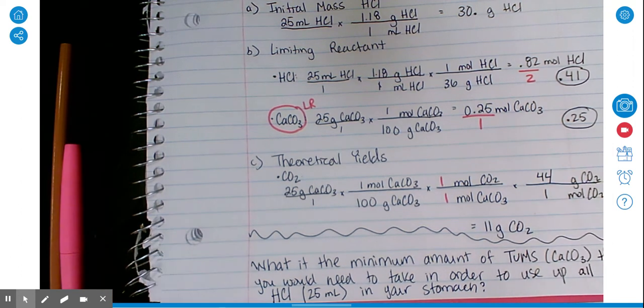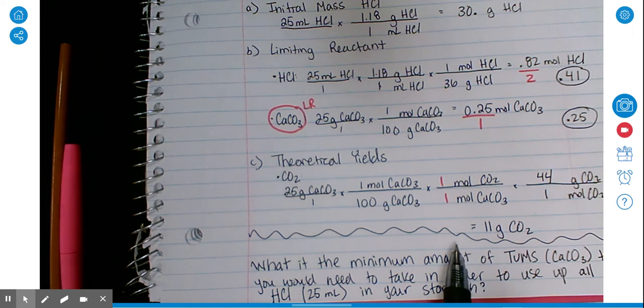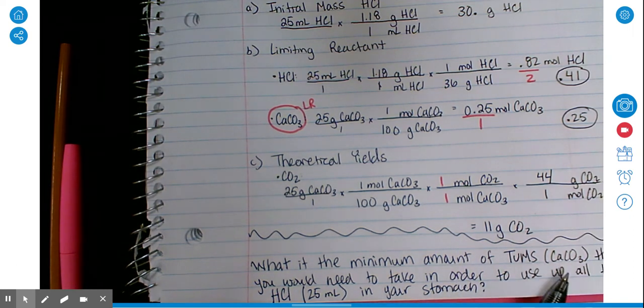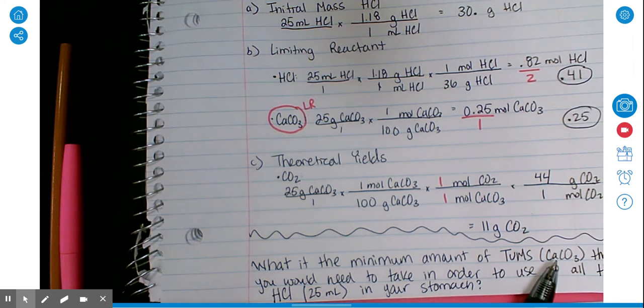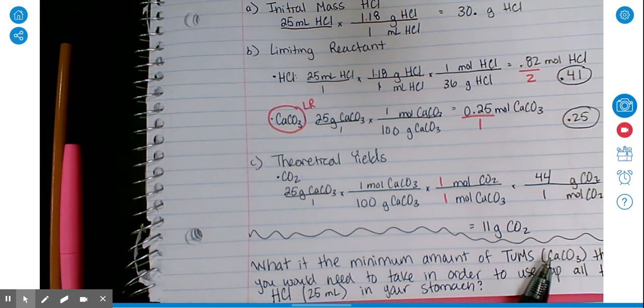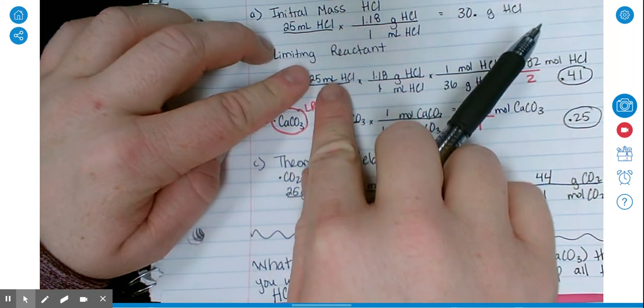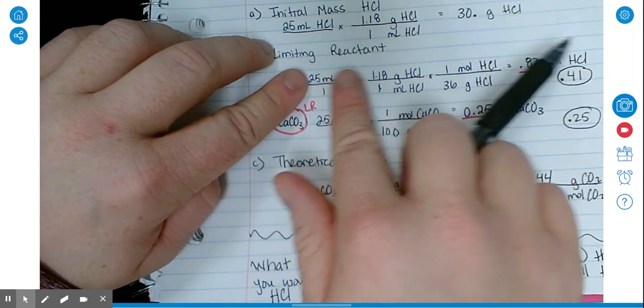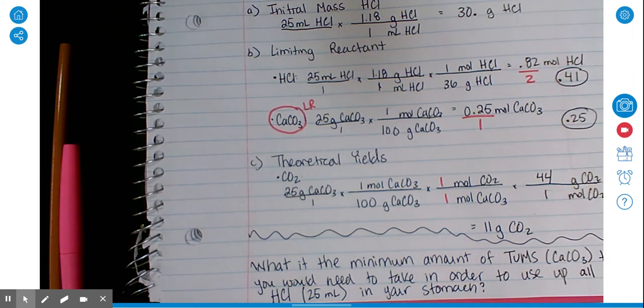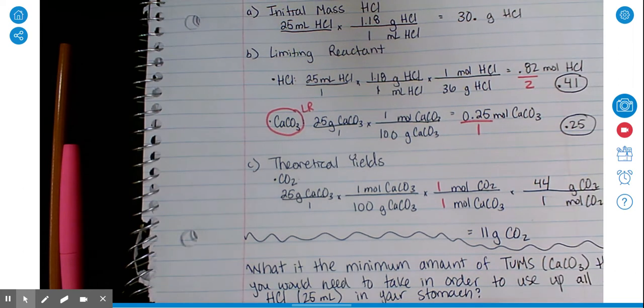Now, to answer this question, what is the minimum amount of Tums? This one is a little bit different from our table. In order to calculate how much calcium carbonate you would need to use, start with the acid and figure out, if I have 25 milliliters of acid, run an equation to figure out what grams of calcium carbonate would be used.